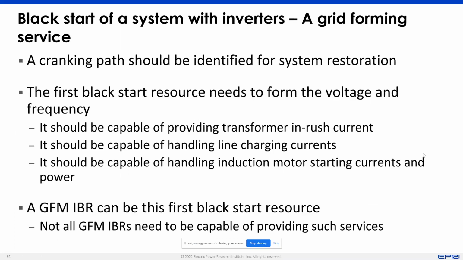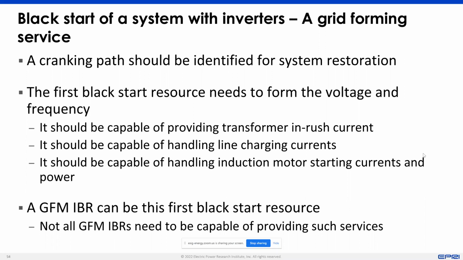And yeah, I'll just walk through this black start capability or black start requirement quickly. Now, as we all know, in microgrid operation, black start is a very important aspect. The first black start resource should, besides forming the voltage and frequency, be able to sustain the transformer inrush, handle the line charging currents, and handle the induction motor starting currents and power.